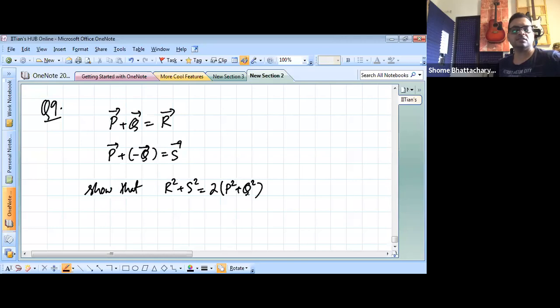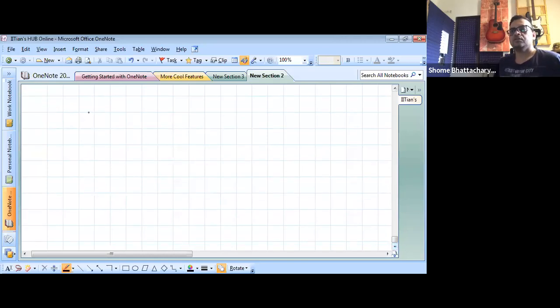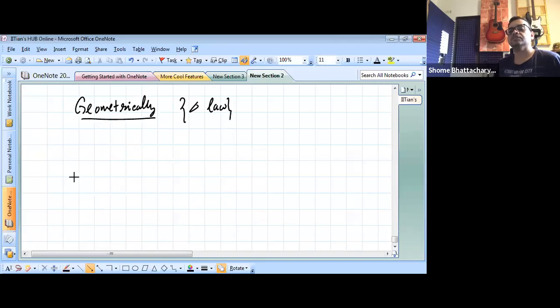So let's understand this in 2 ways. One is we can understand this geometrically. Geometrically, or by using triangle law, you can see that suppose we assume P is a vector like this and Q is a vector like this. And the angle between them is theta.